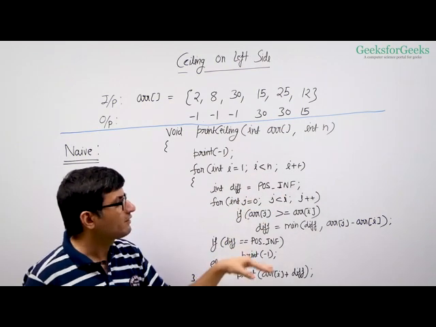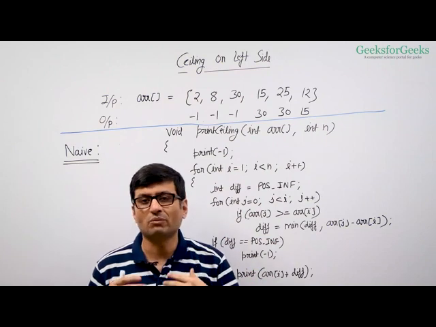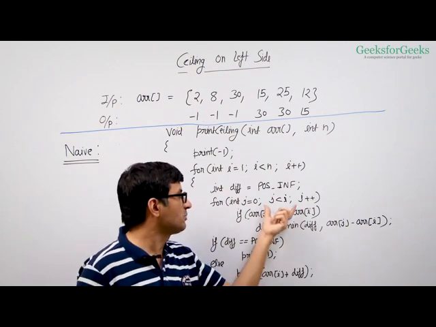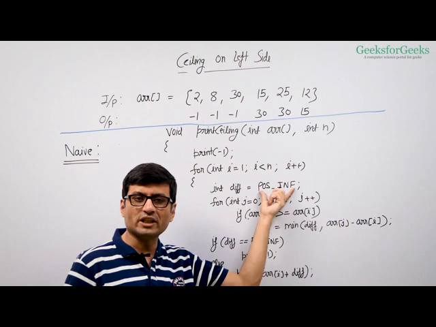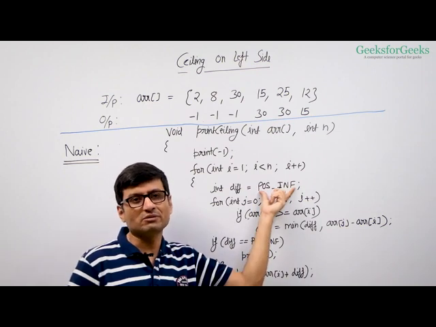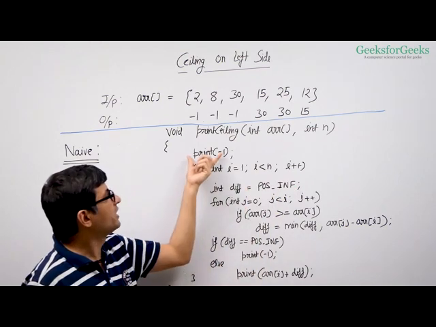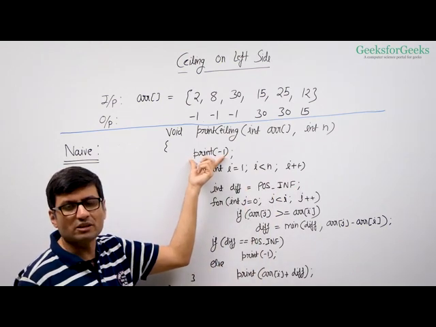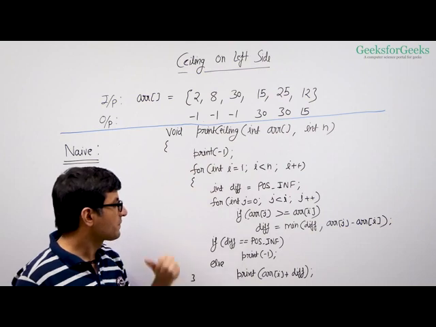The code that I have written here is language independent code. In C++, you can have positive infinite as int max. In Java, you can have it as Integer.MAX_VALUE. This print is cout in C++ and System.out.print in Java.